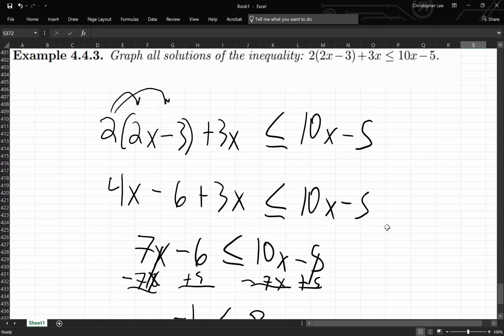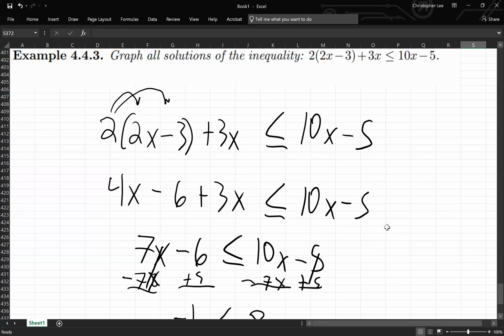Can we do the color? That'd be nice though. Where do you get the number? 3x plus 4x, 7x. So why do you just do it like that? They're like terms, combine like terms.